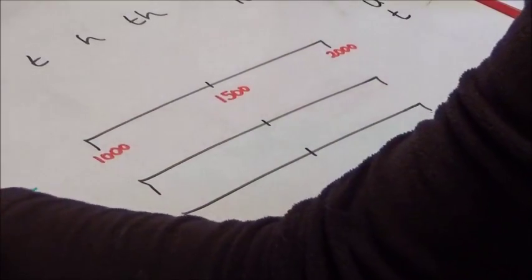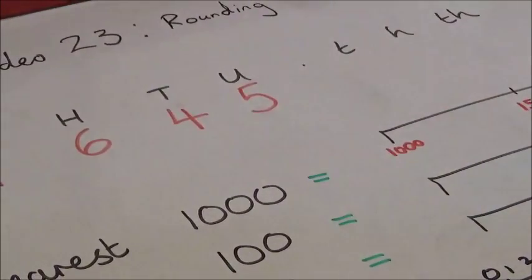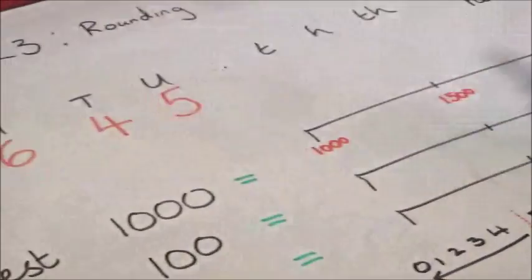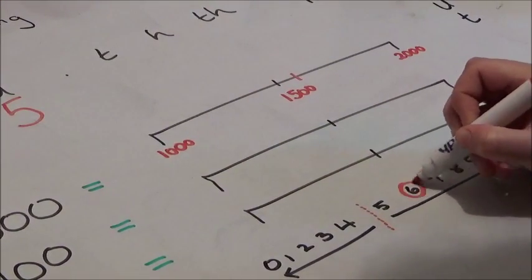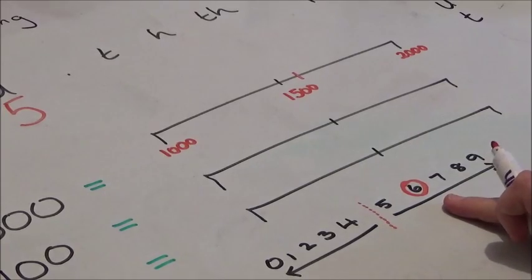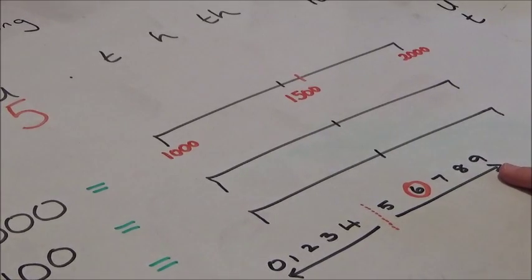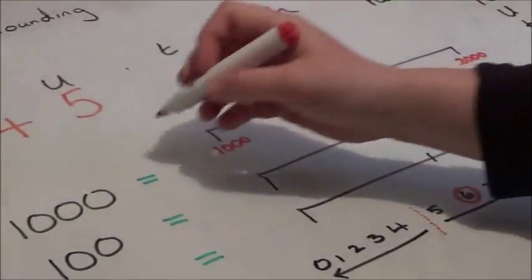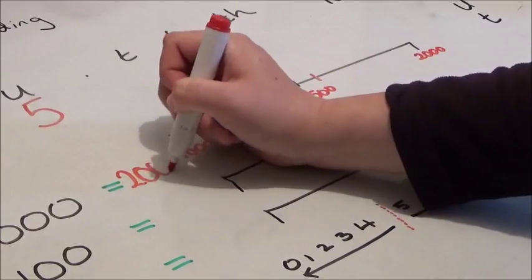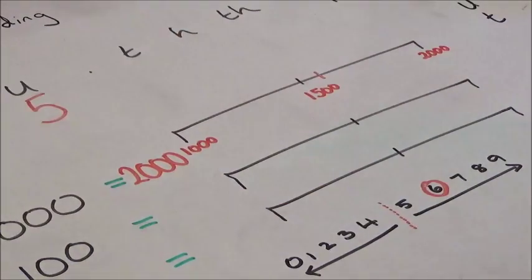And we're actually going to be looking at this hundreds here. We know that 1,600 is going to be past here. Remember, that 6 here means that we're going to be rounding it up. So 1,645 to the nearest thousand will be 2,000.